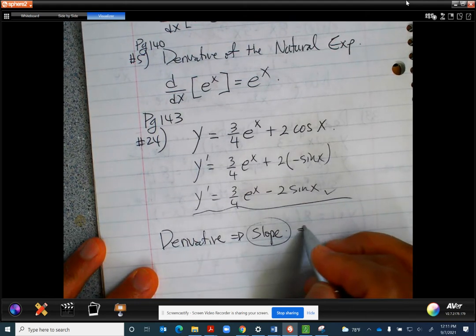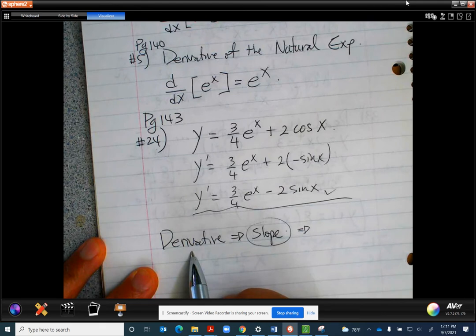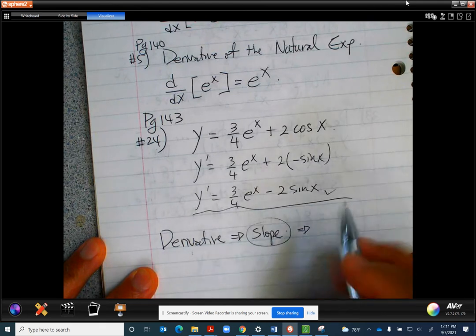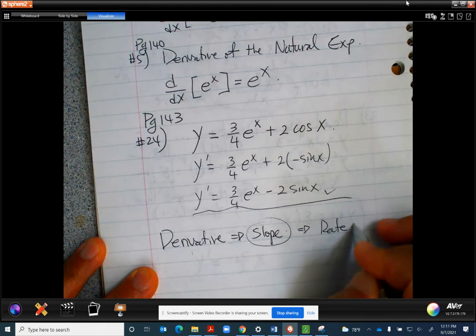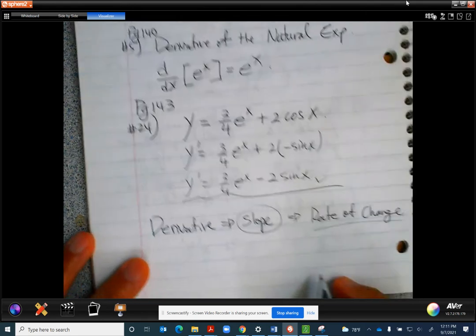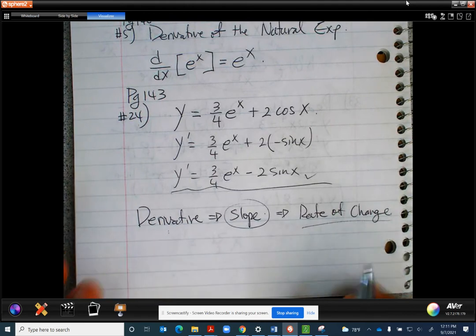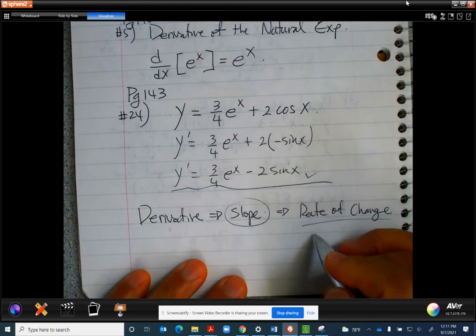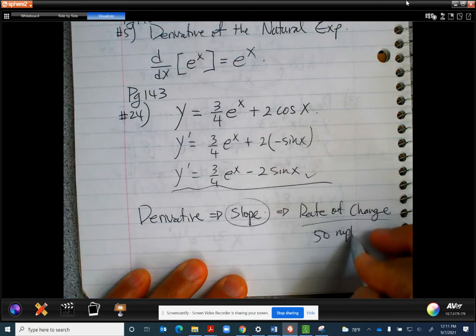We also said that derivative is like a slope, and slope is the same thing as rate of change. It's a rate of change. Rate of change in our respect, like I know there are many types of rate of change, but I think the easiest one for us is driving. Like 50 miles per hour.